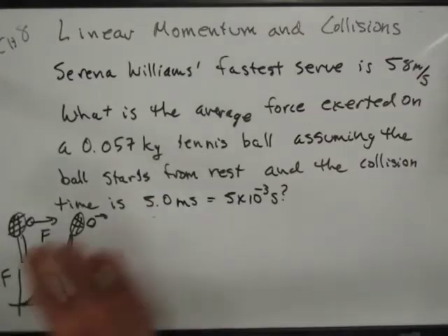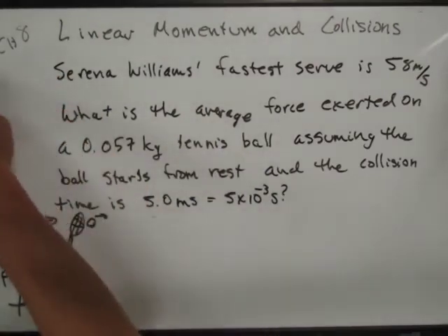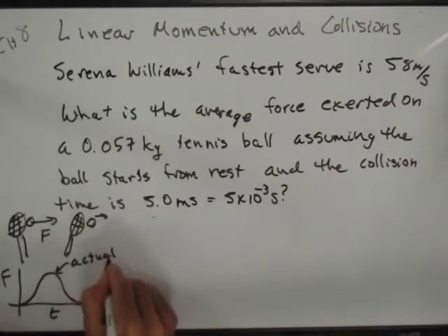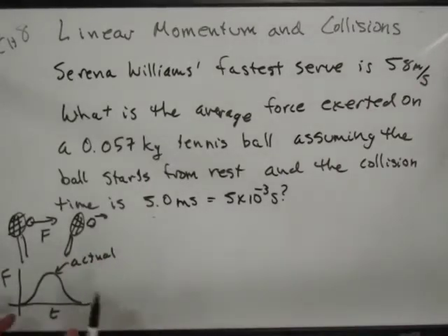But we're just going to use an average force. This time here is the collision time, and we're just going to assume it's a constant force, and it has this value through the collision time, and it's 0, of course, afterwards.